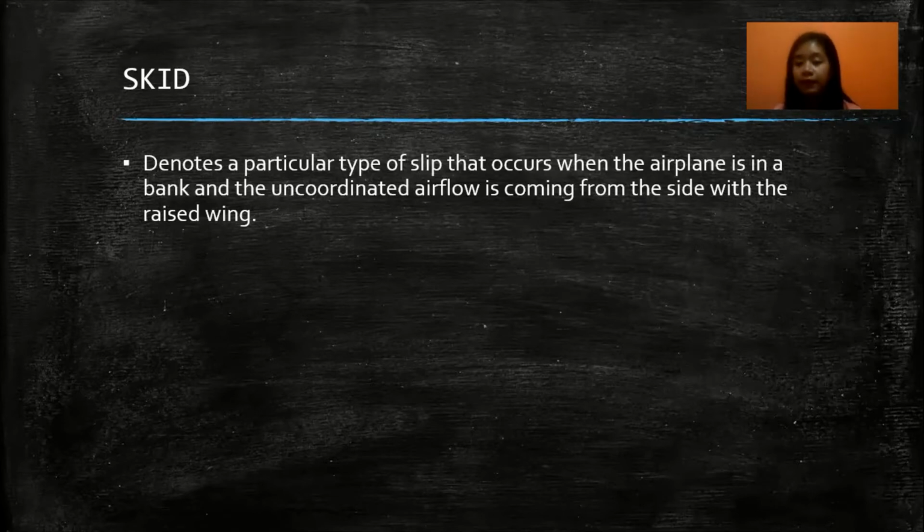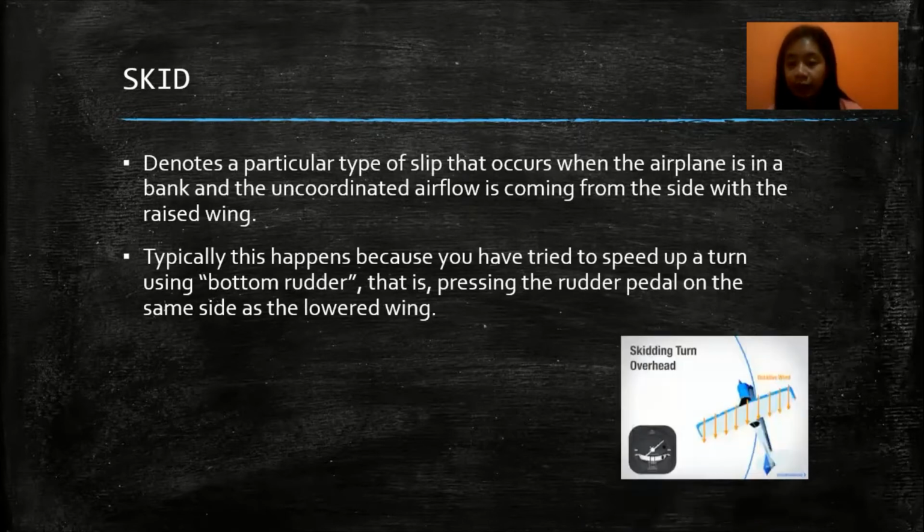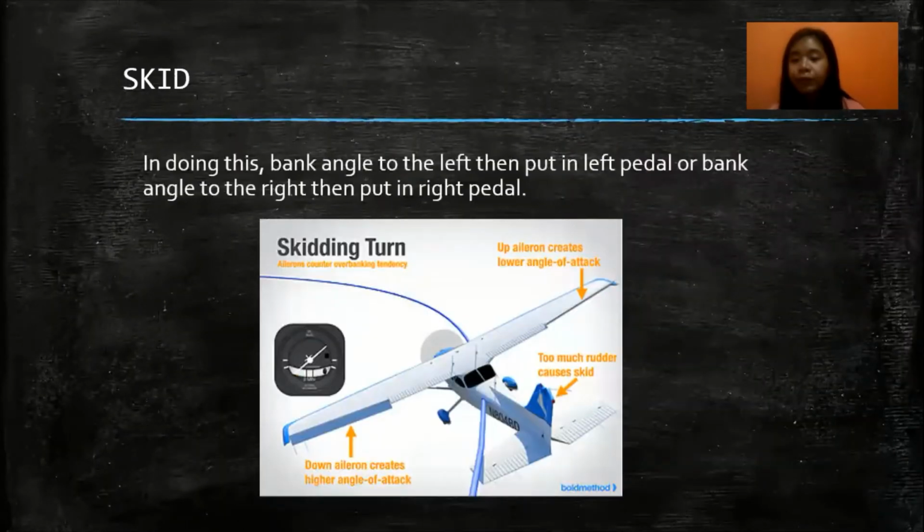So typically this happens because you have tried to speed up a turn with bottom rudder, that is pressing the rudder pedal at the same time as the lowered wing. So in doing this, bank angle to the left, so kapag gagawin natin yung skid, kailangan mo mag-bank angle to the left, then put in left pedal.